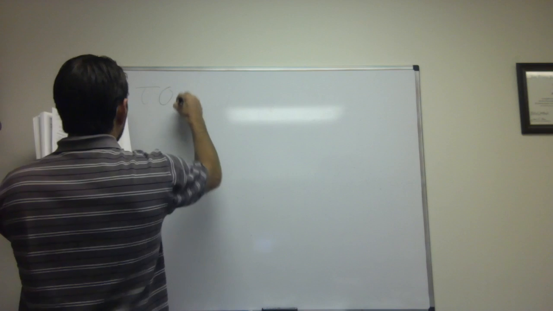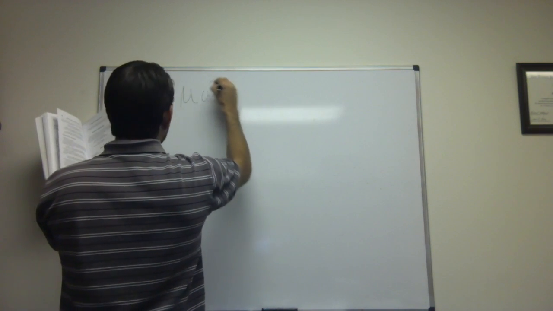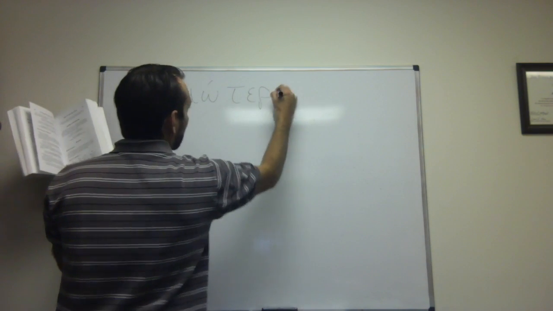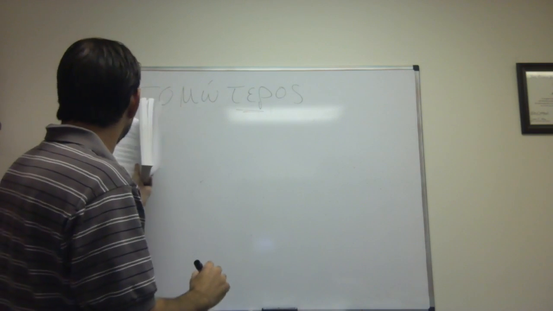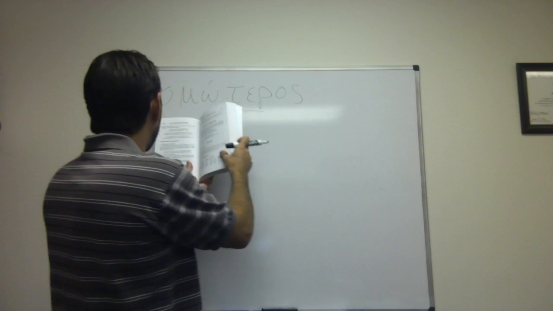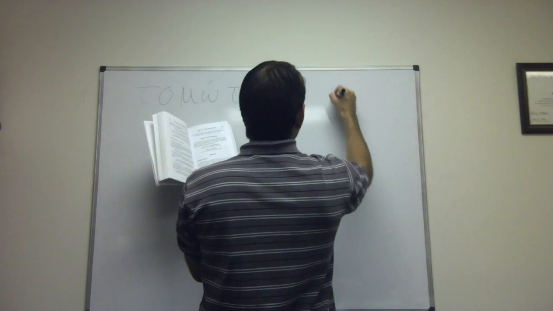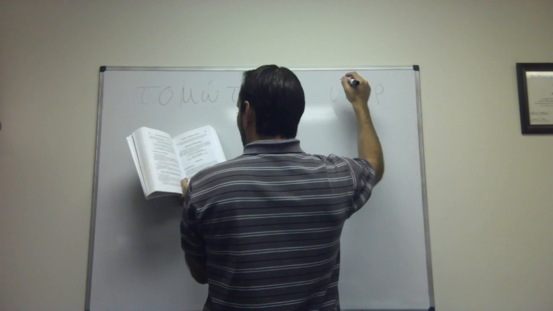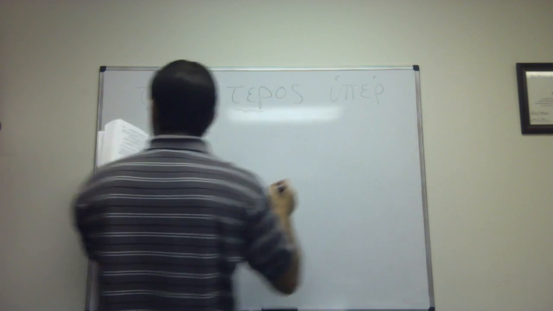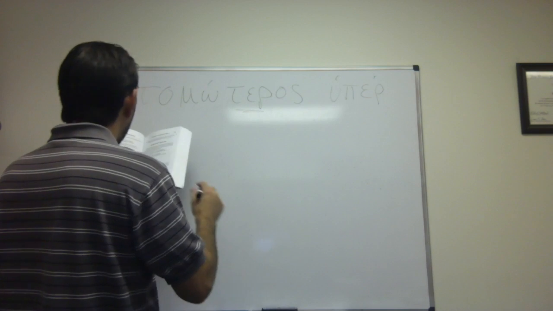Markers run out. There's the tear. You see that tear right there? So I have this adjective, and then it's using the huper, or he says you can also have the para. So the huper or the para followed by an accusative.